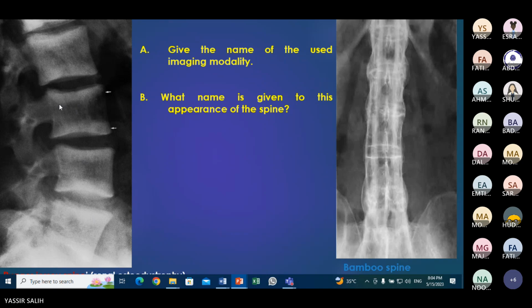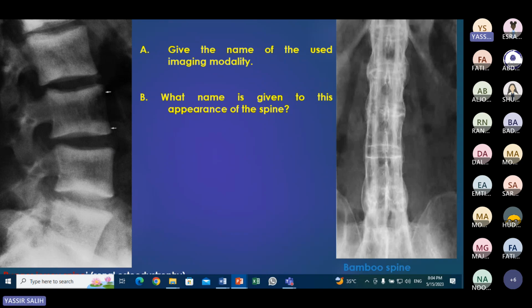Jersey spine, the striped pattern with alternation between the densities: lucent, opaque, lucent, opaque. This is Jersey spine, and this is the bamboo spine. Both are X-rays. Imaging modality is X-ray.